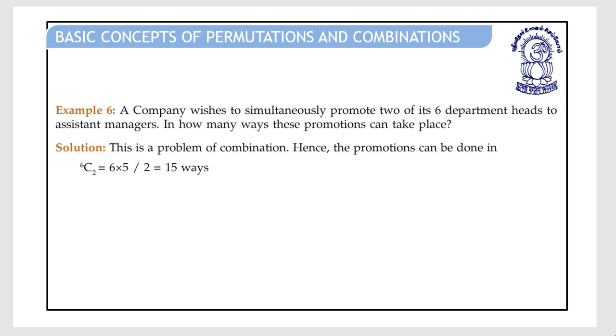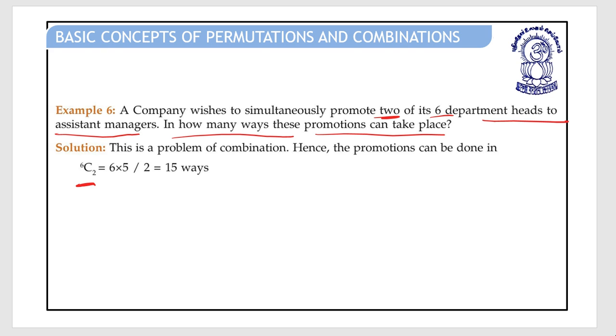Next example number 6. A company wishes to simultaneously promote 2 of its 6 department heads to assistant managers. In how many ways can these promotions take place? 2 of its 6 department heads, so out of 6, 2 selected.